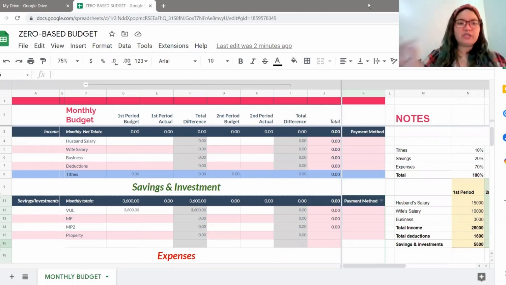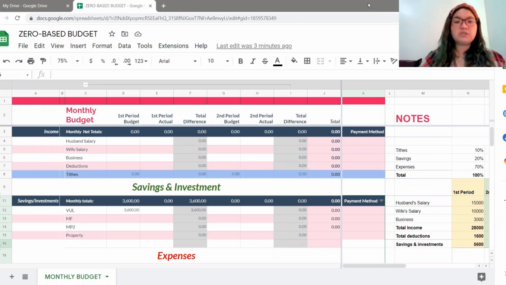Alright, so ito na yung ating free zero-based budget. If naka-download na kayo ng free zero-based budget Excel spreadsheet, I will make a tutorial kung paano gagamitin ito.